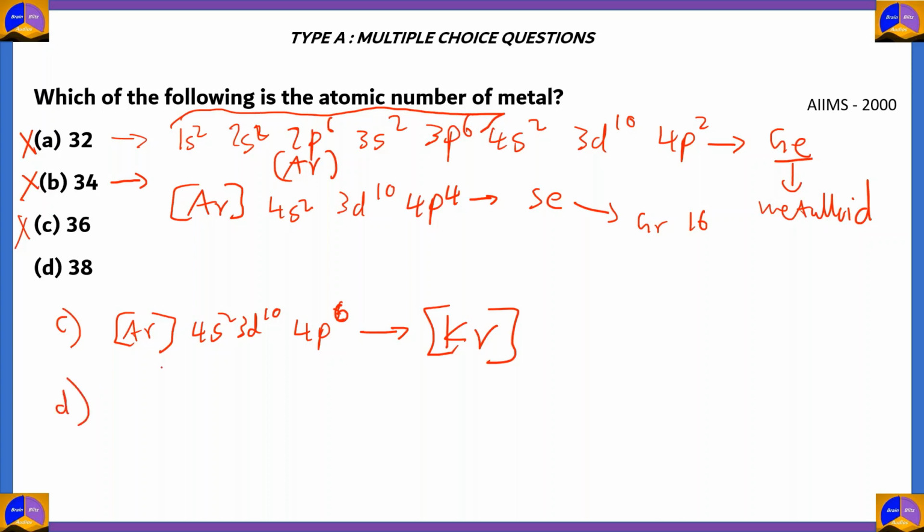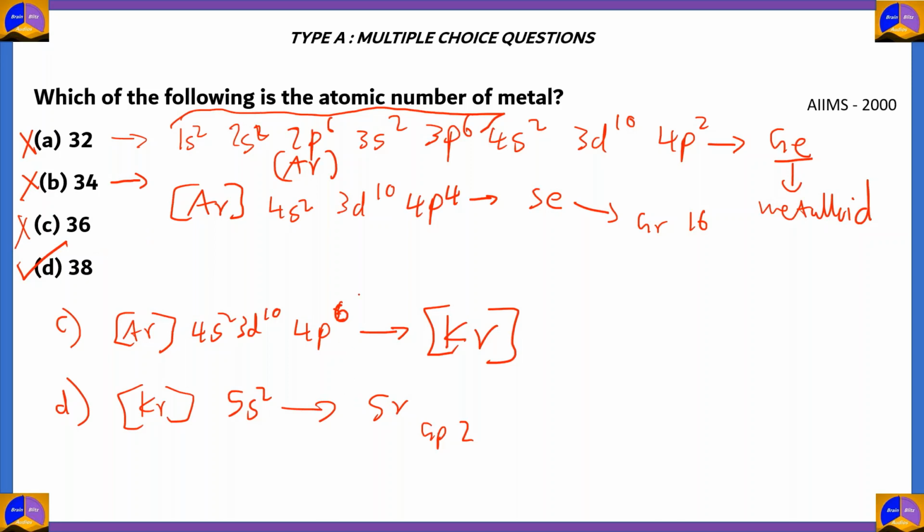Now for option D, instead of argon, we can put krypton because krypton is the closest noble gas. So krypton and then 5s2. And 38 is the atomic number of strontium, and strontium is present in group 2. Group 2 is alkaline earth metals, so that makes option D the right option.